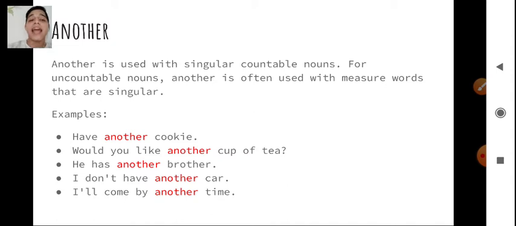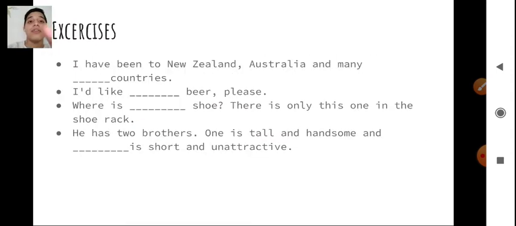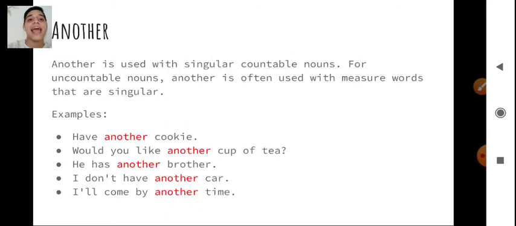Hey, would you like another cup of tea? It means that you already had one, but this person is asking you if you want to take one more. Another example, he has another brother.